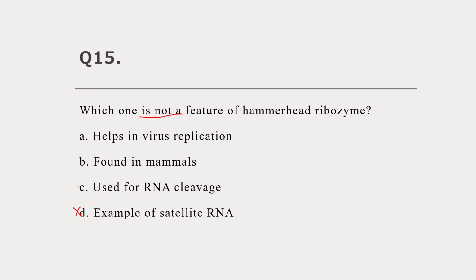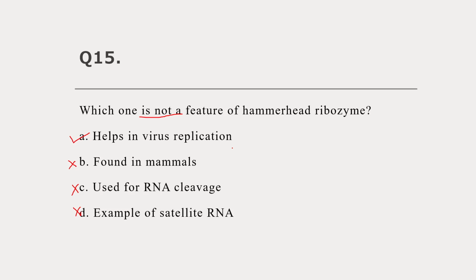Yes, it is used for RNA cleavage in specific experiments. Found in mammals. Yes, it is found in mammals. So which one is not a feature of hammerhead ribozyme? Helps in virus replication. Which ribozyme helps in virus replication? HDV, hepatitis delta virus. Understood? This HDV ribozyme is useful in the virus replication process.